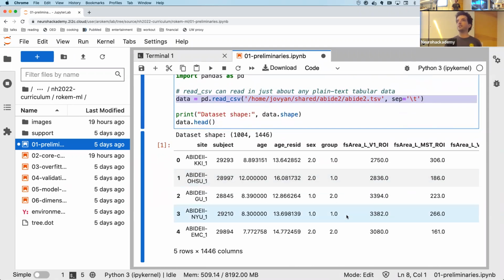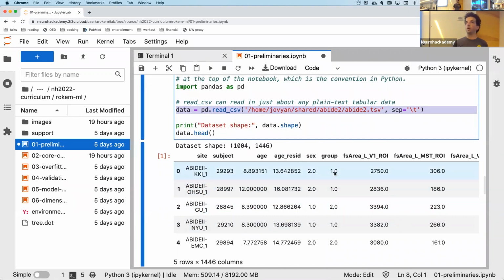It's a data set that contains information. Each row is a subject in this big study that was focused on autism and had multiple sites collect data from multiple individuals. And there's a variable called group that when it's set to 1 means that that person had a diagnosis of autism, and when it's set to 2 means that person did not have a diagnosis of autism.